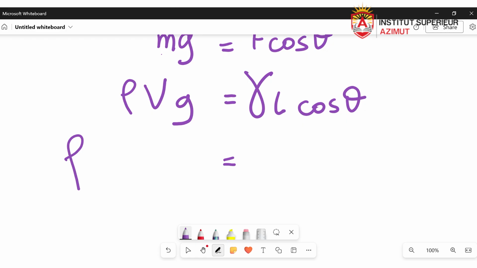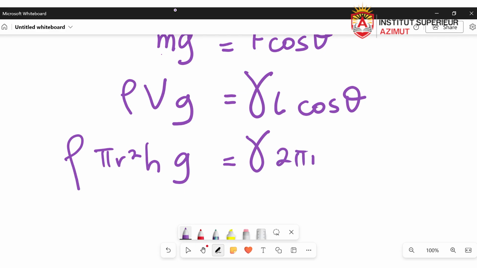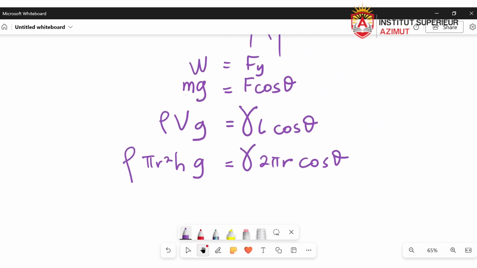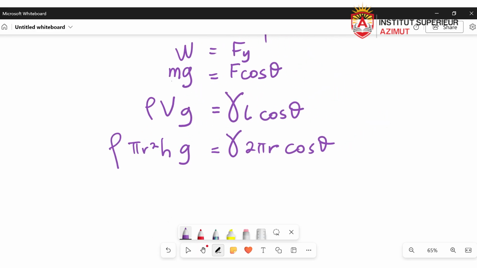So let's further simplify this. We have rho. Instead of volume, we put cross-sectional area times the height. So we have pi radius squared times height times gravitational field strength will be equal to gamma for surface tension force per unit length times the length, which is going to be 2 pi radius times cos theta.